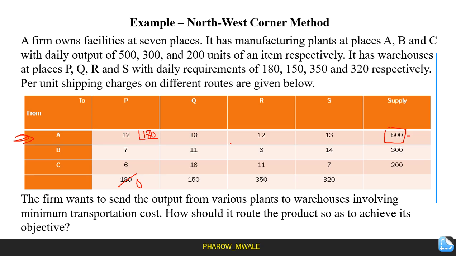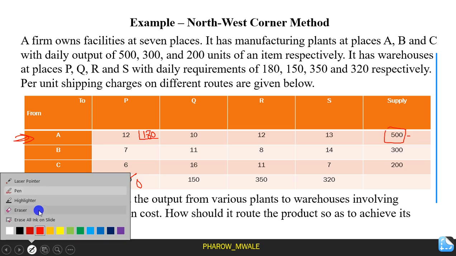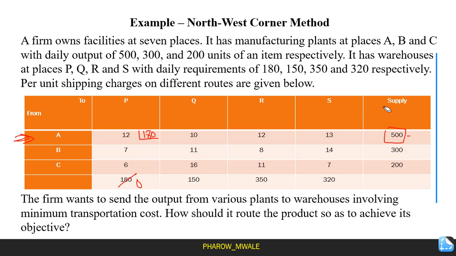Why? Because plant A has effectively supplied 180 to warehouse P. So what is 500 minus 180? It's very simple. 500 minus 180 should give us 320.